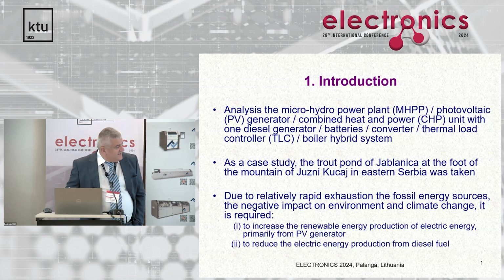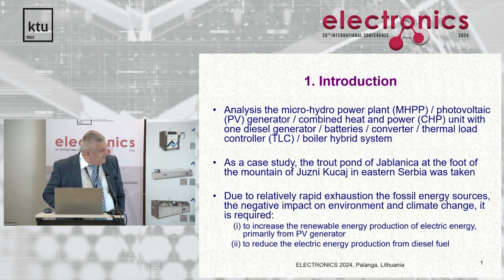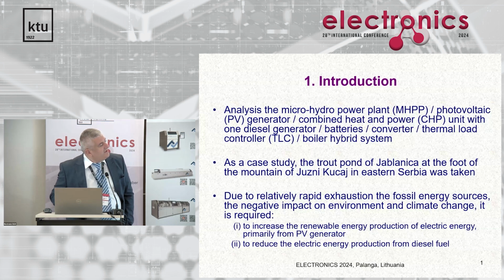That means we need production of warm hot water. And you can see there is located this fish pond, and our problem also is formulated like an optimization problem. How to avoid the utilization of this generator that uses diesel as fuel, because this fish pond is located far away from the cities and from the utility grid.